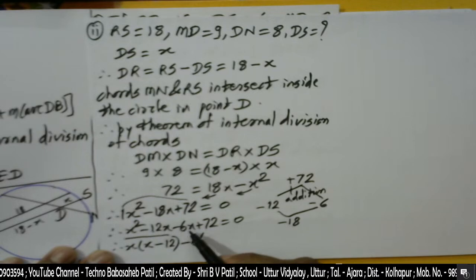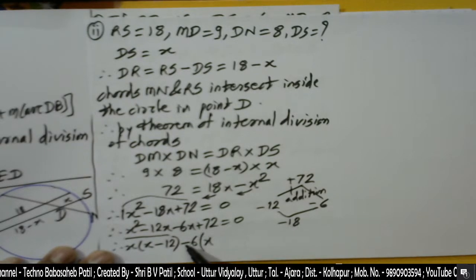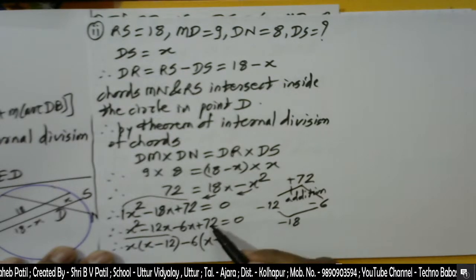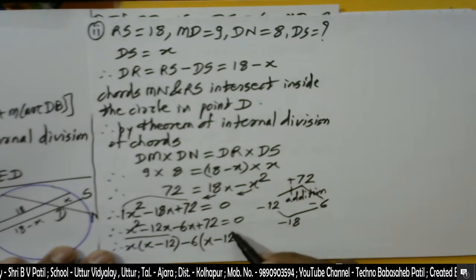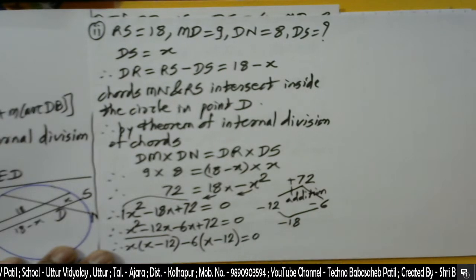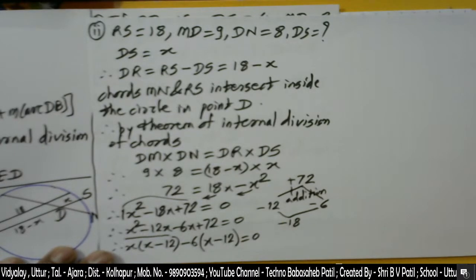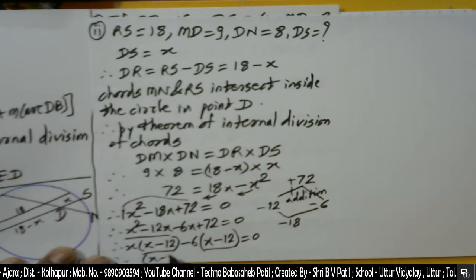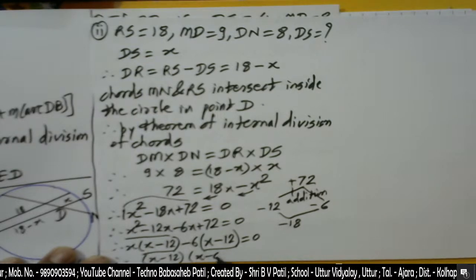After taking common 6, x remaining, the plus sign changes because we take common a minus sign, it becomes minus 6, divide 72 by 6, we get 12. 12 sixes are 72. x minus 12 is common. In the other bracket, x minus 6.